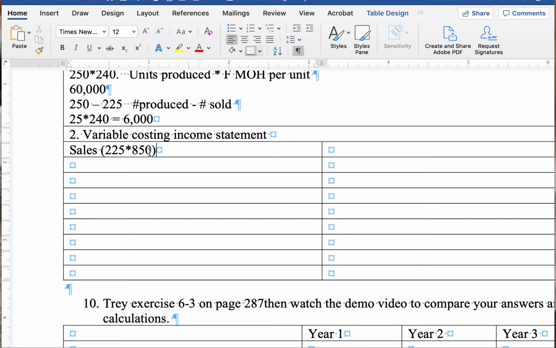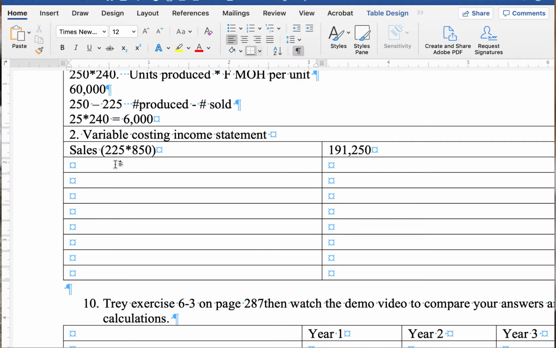That $850 is the selling price. They told me that in the problem. If I multiply those together, the 225 times the 850, I get 191,250.